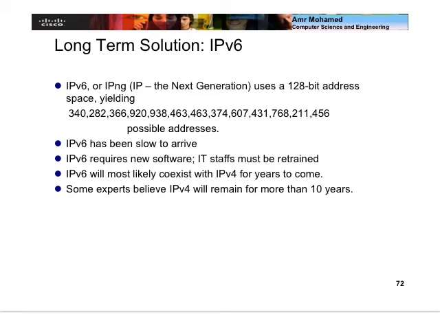The number of IP addresses you cannot even pronounce; we cannot even know what this number looks like. So these are the possible addresses using 128 bits. Of course, this is going to increase the size of the IP header and so forth. But that's not the problem.